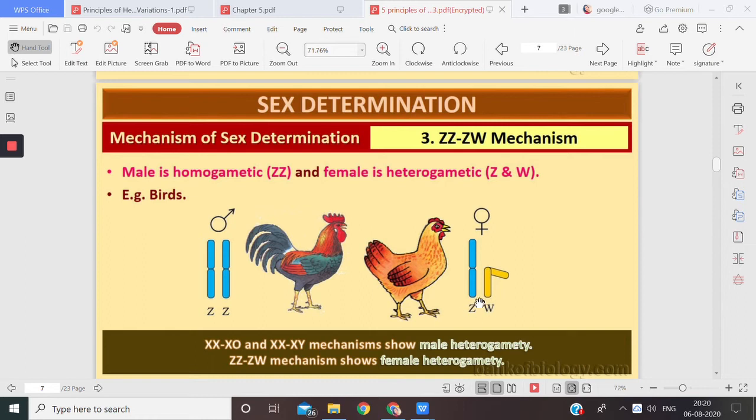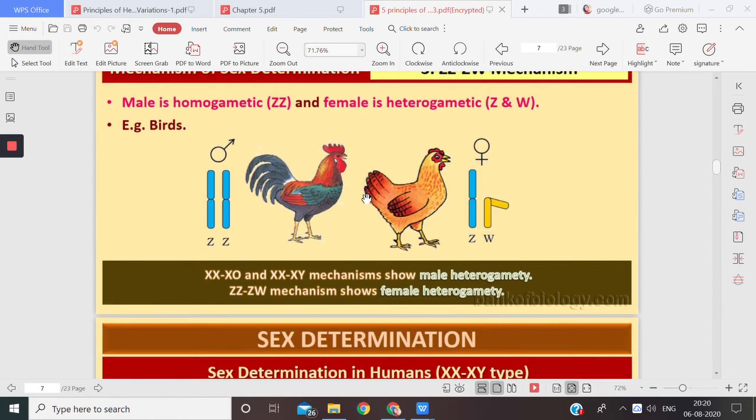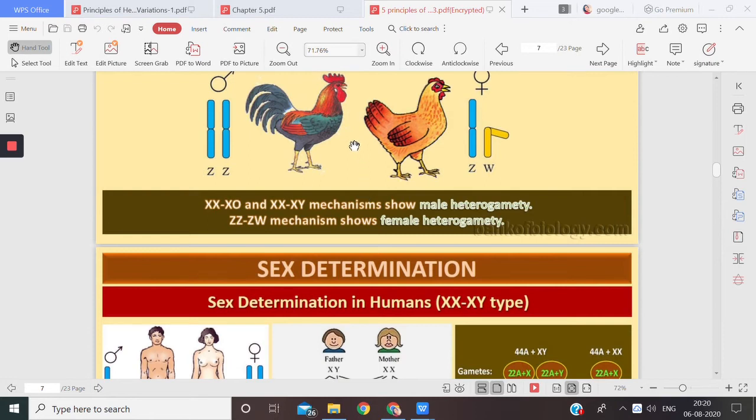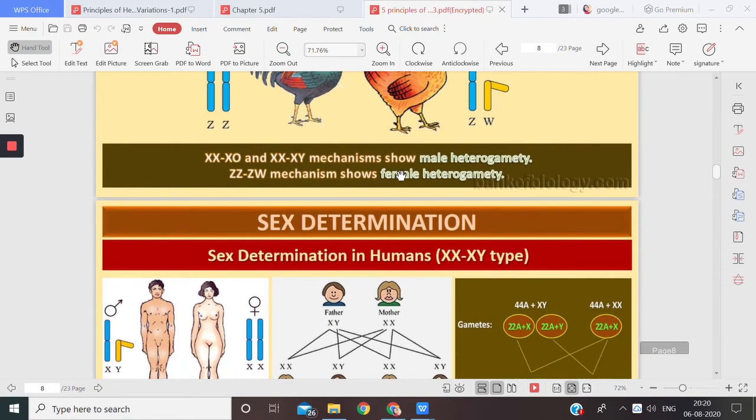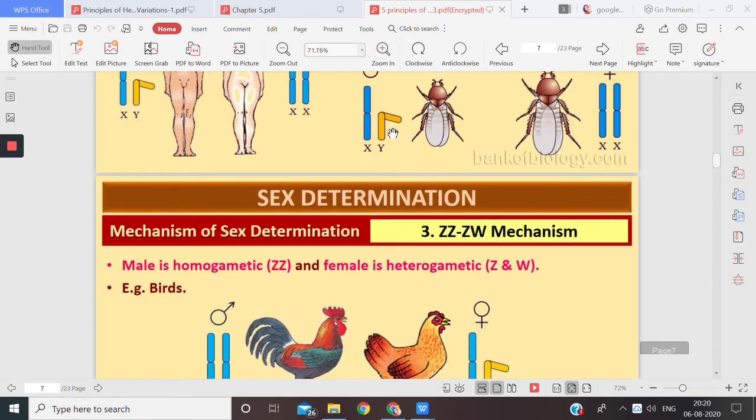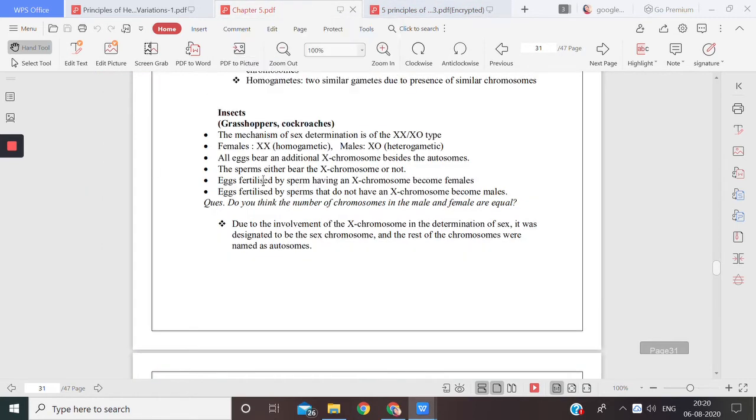So these were the various examples of homogamety and heterogamety. The XO and XY mechanisms show male heterogamety, and ZZ and ZW show female heterogamety, as seen in various types of organisms.